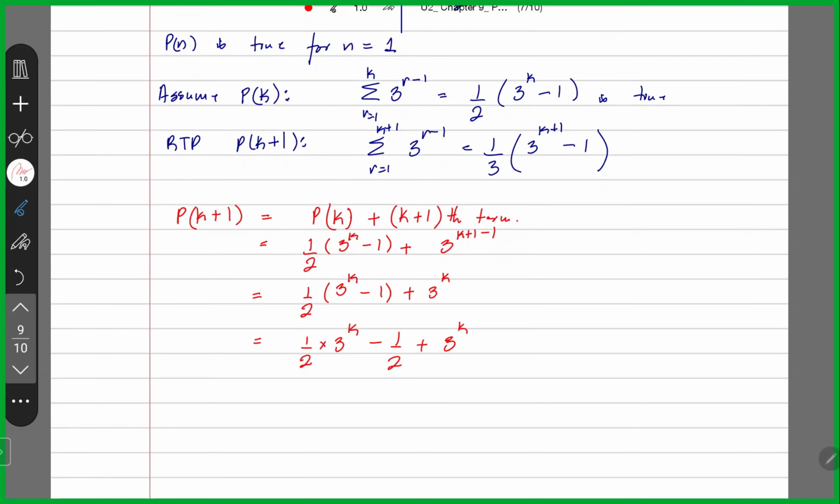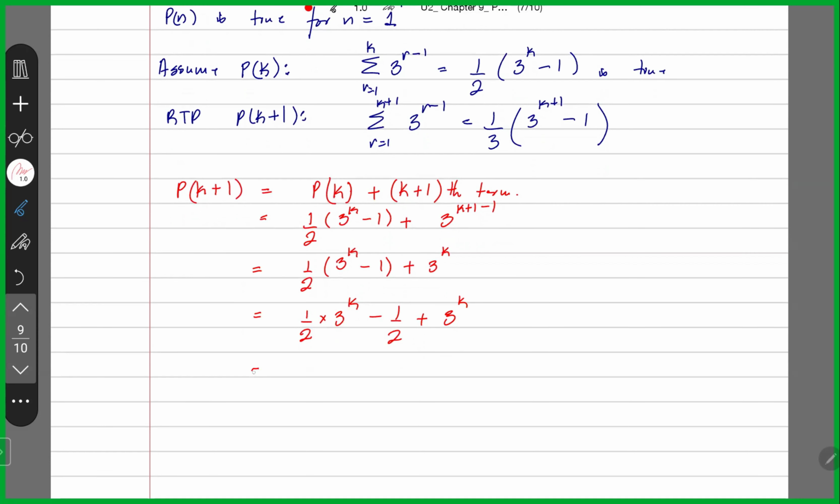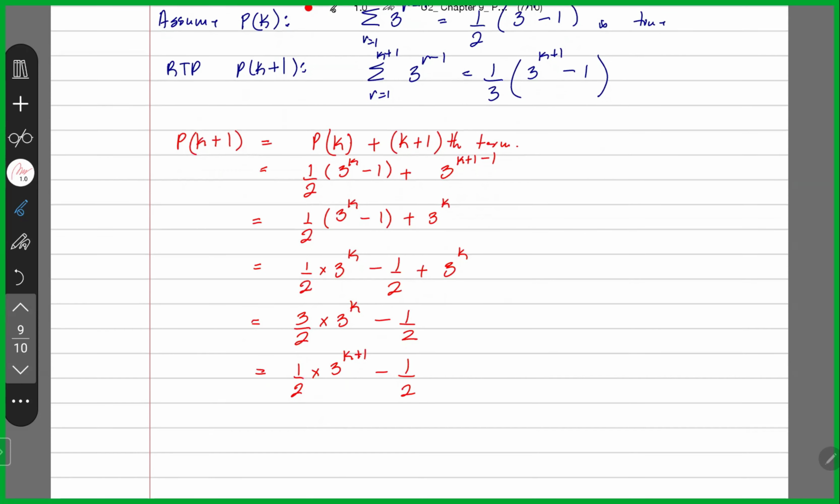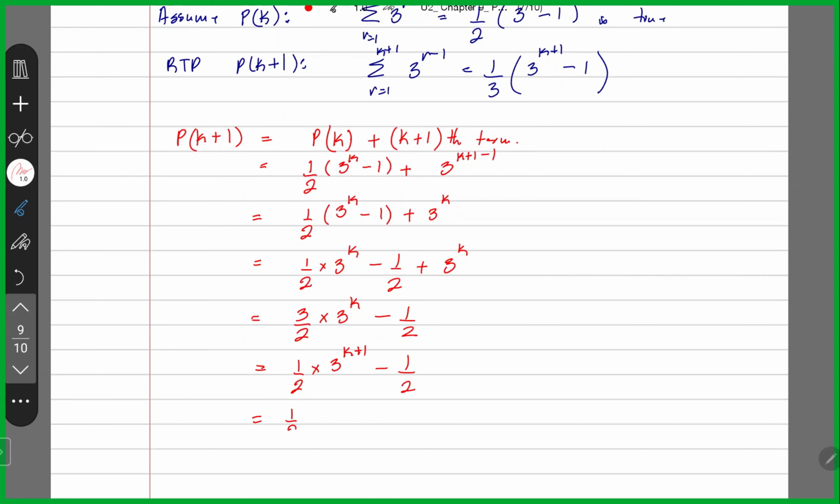Now, 1/2 times 3 to the k plus 3 to the k is 1.5 times 3 to the k, which is 3 over 2 times 3 to the k, minus 1/2, which is equal to 1/2 times 3 to the k plus 1 minus 1/2. Factoring out 1/2, we get 1/2 times 3 to the k plus 1 minus 1, which is what we were asked to prove that Pk plus 1 is equal to.